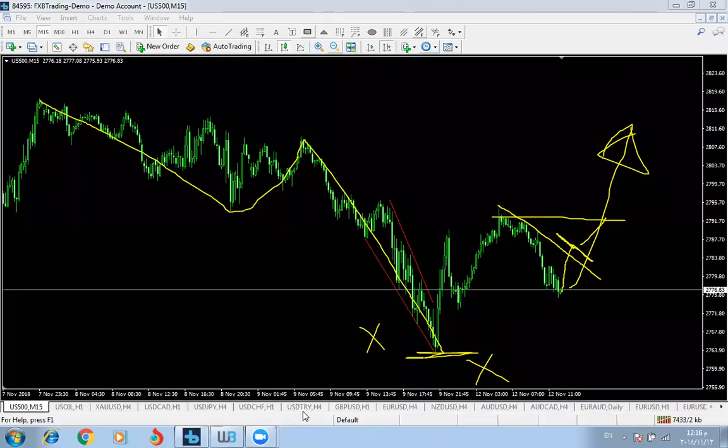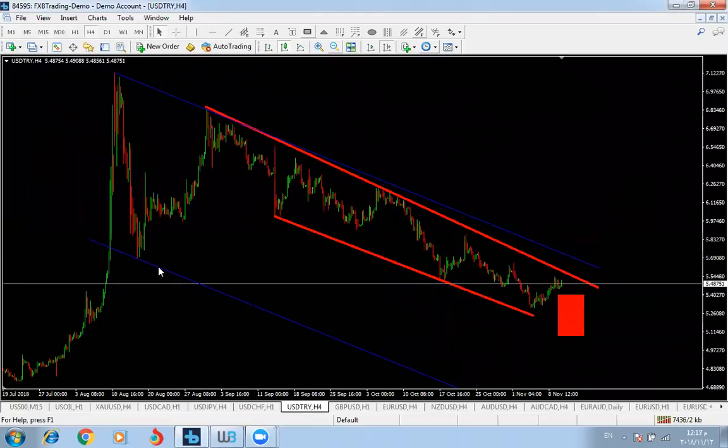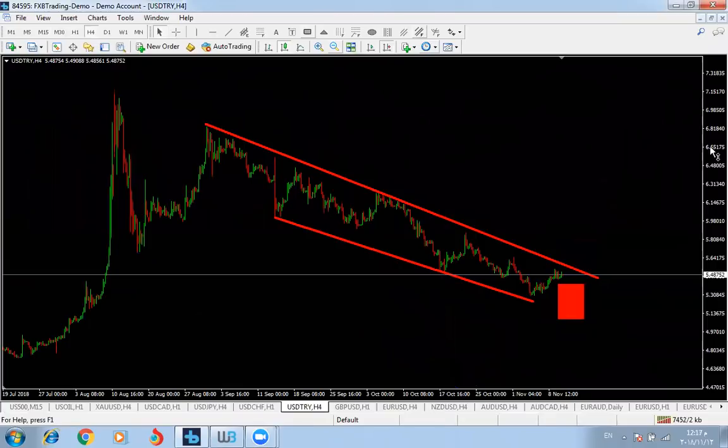I will show you this moving to Turkish Lira, and of course Turkish Lira has completed the whole structure. As I showed you in the previous video, this is the anticipated red box for the reversal of the price, and we are having a very clear wave count for the Turkish Lira. This is A, B, 1, 2, 3, 4, 5.